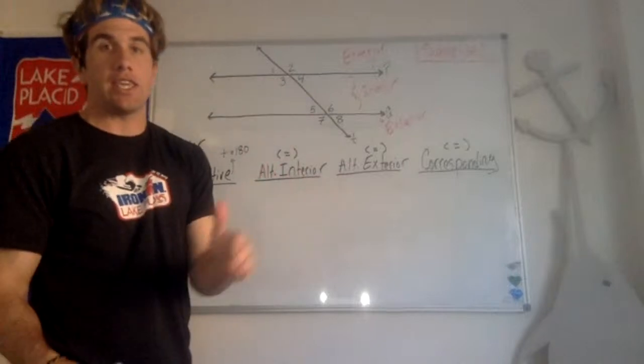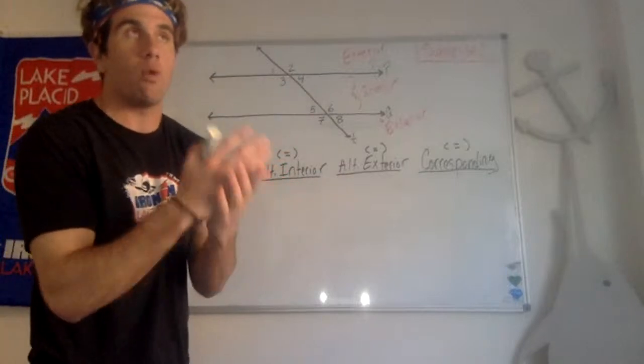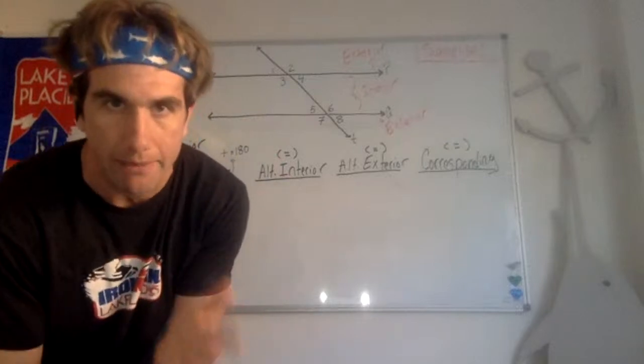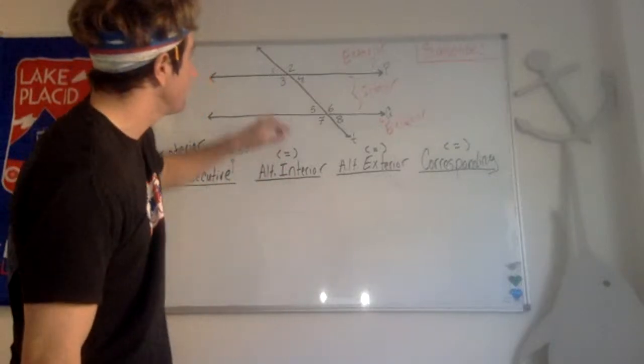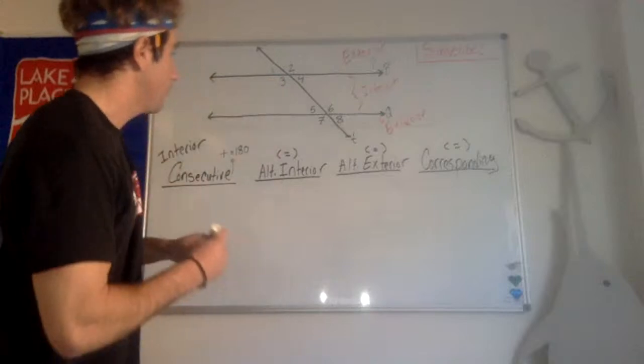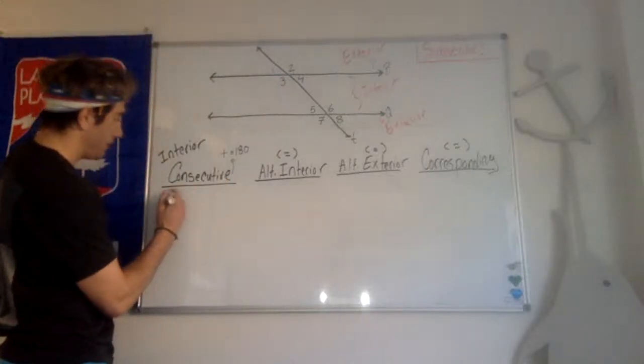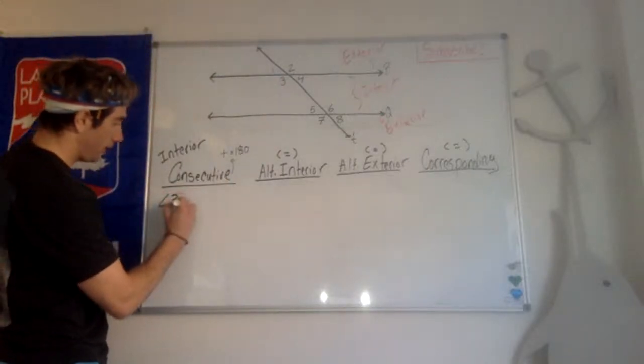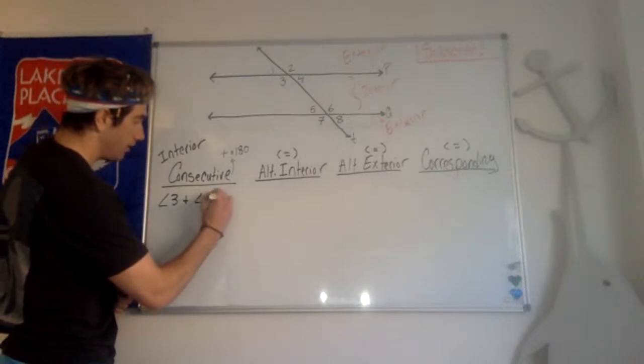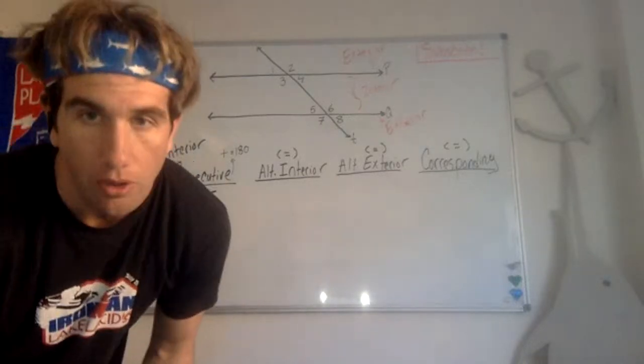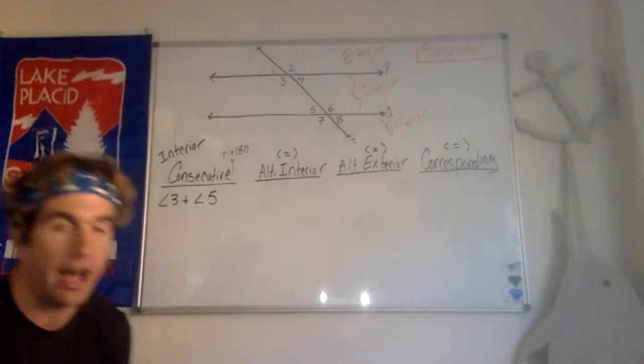And it's consecutive, so it's like in a row. When you think about consecutive, guys, it's same side of the transversal. So same side of the transversal is 3 and 5. So we have consecutive, it's going to be angles 3 and angle 5. Okay? Angle 3 and angle 5.